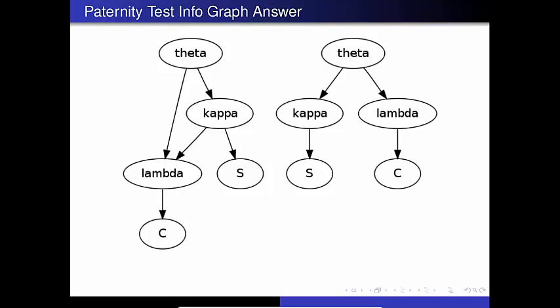Also, in the absence of a hidden state variable for mom, we're just drawing an edge straight from theta through to lambda. In other words, lambda is conditioned upon two hidden variables, namely kappa and theta.